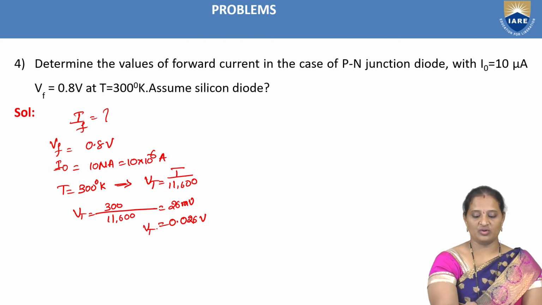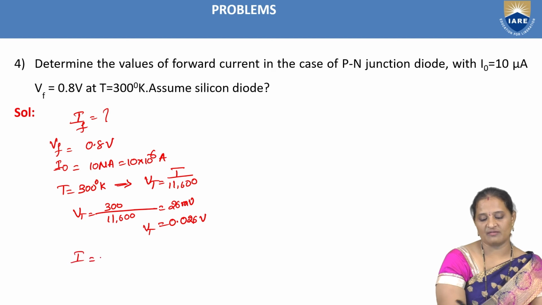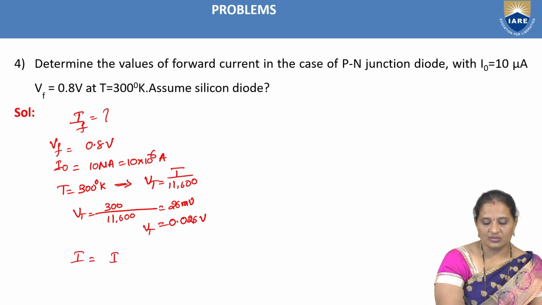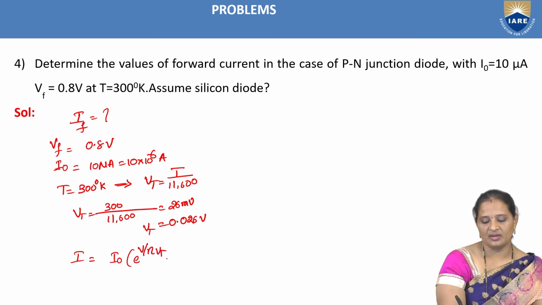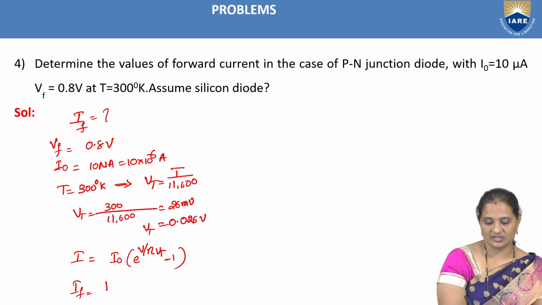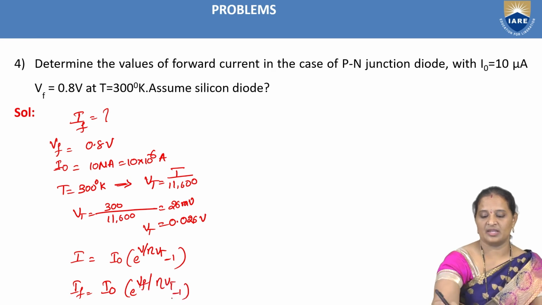So now, as you all know this, you can calculate the forward current. So the forward current I is equal to I naught into e power V by eta into Vt minus 1, where If is equal to I naught into e power Vf divided by eta into Vt minus 1.